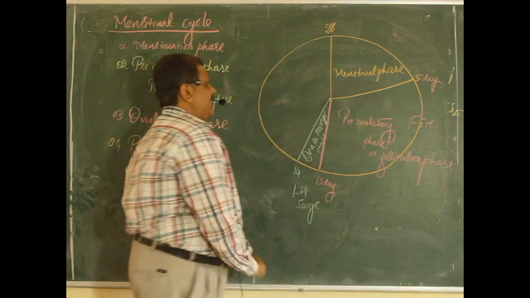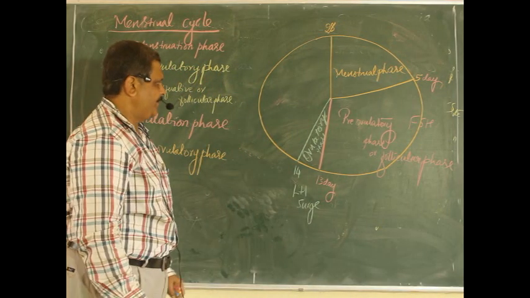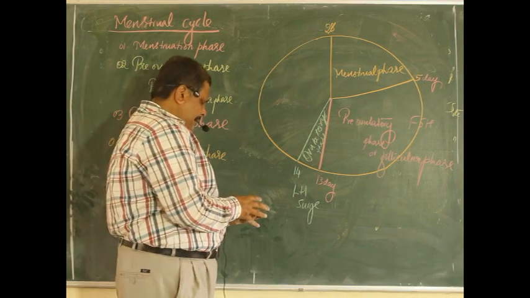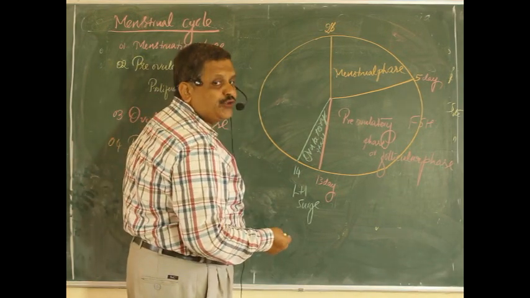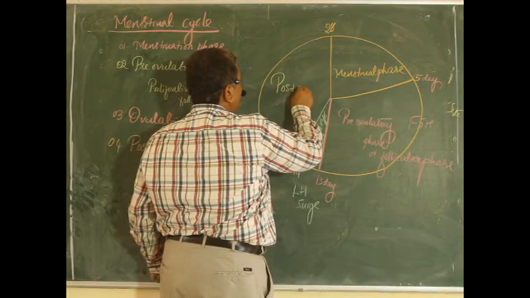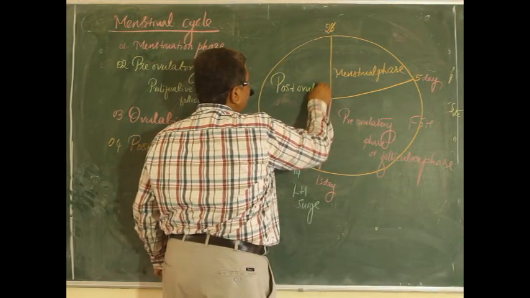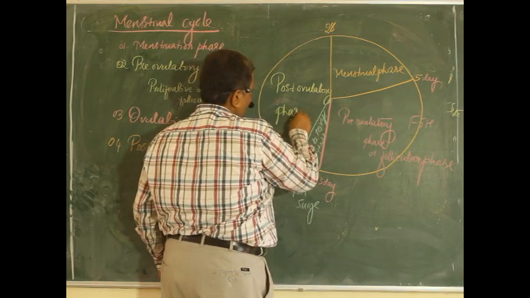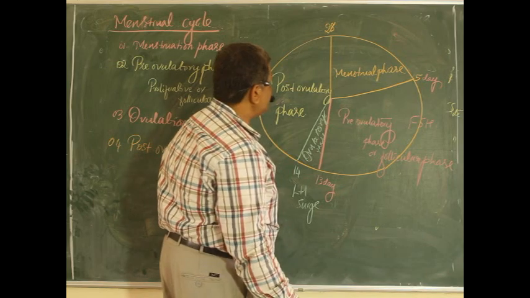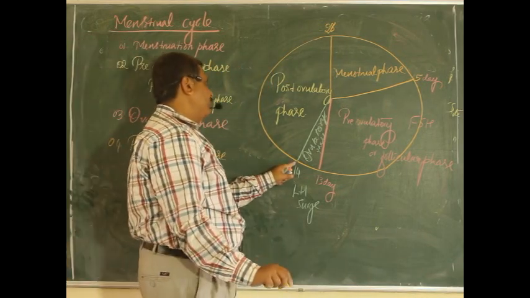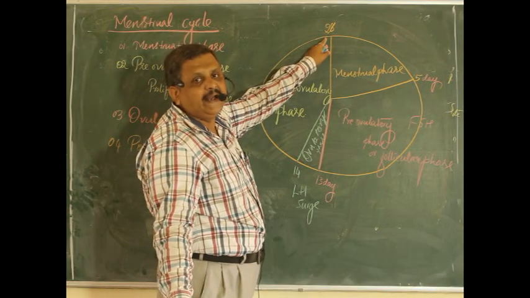And the last phase of the menstrual cycle is called the post-ovulatory phase, from the 14th day to the 28th day.